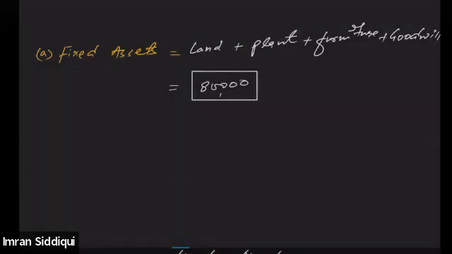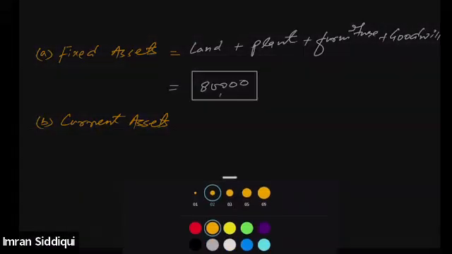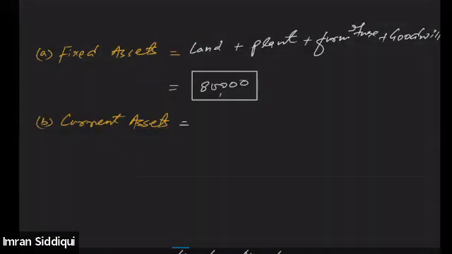Now after that, we'll find out the current assets. Current asset will include three items only, which are stock plus debtors plus prepaid expenses.